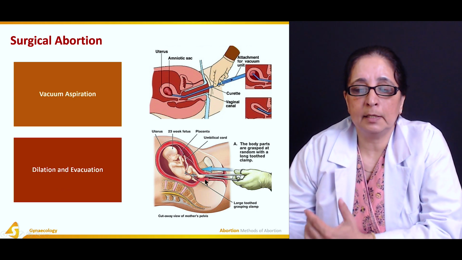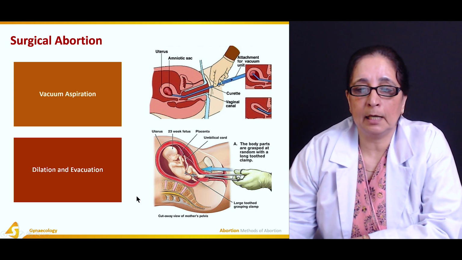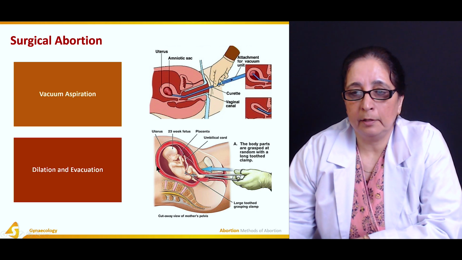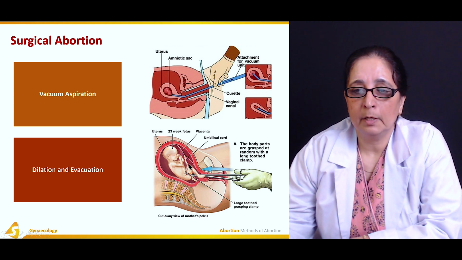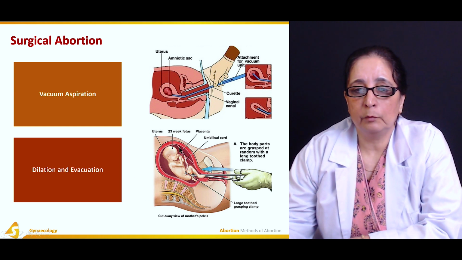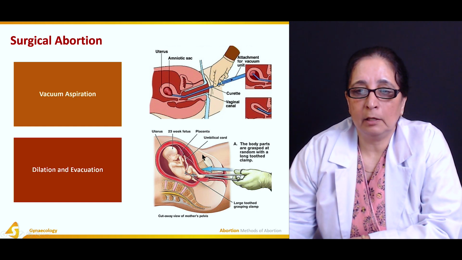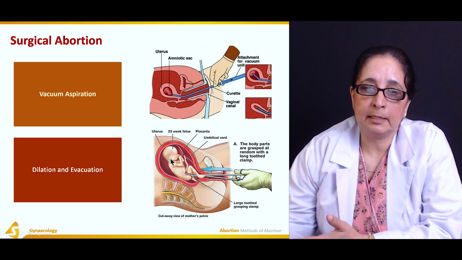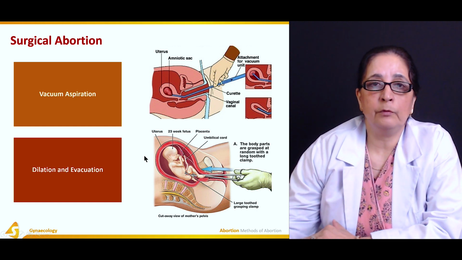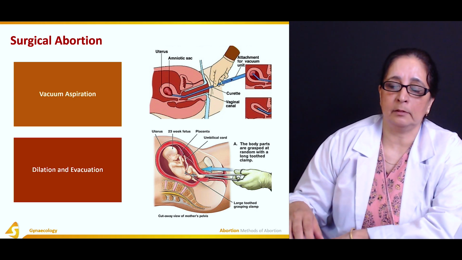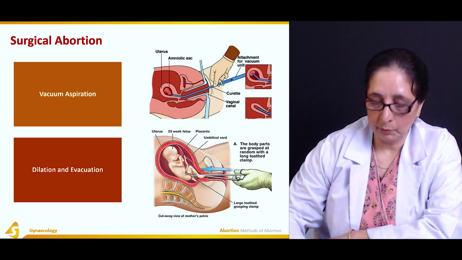Usually the cervix is dilated, and then the product of conception is removed by using a clamp to remove the fetus. This is the umbilical cord here if you see, and this is about a 23-week fetus. So before 24-week gestation and after 21 weeks, surgical methods of abortion are better to use.